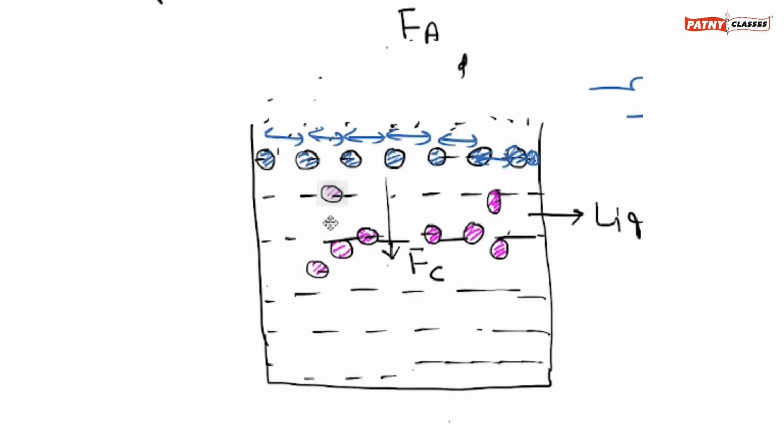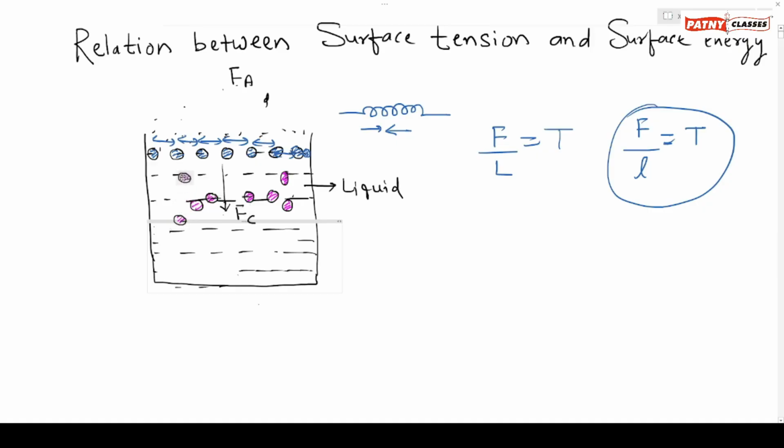Work has to be done to bring the molecules from deep inside the liquid to the surface of the liquid. So we bring all molecules from inside to the surface of the liquid like this. Every time, for every molecule, you are doing work.